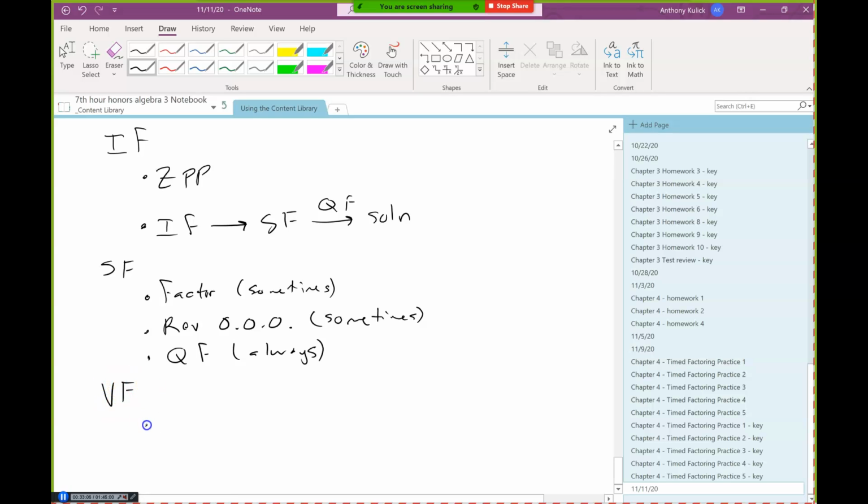In vertex form, we can use the reverse order of operations always, or take vertex form, turn it into standard form, and then use a standard form method to get your solution, depending on what that standard form looks like.